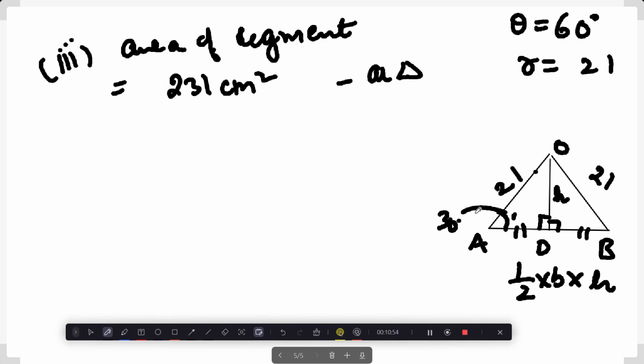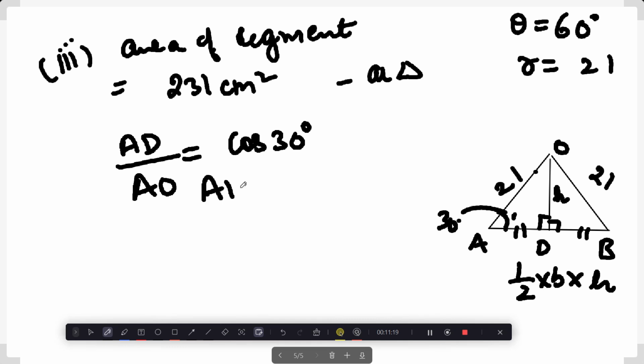So now we are going to use trigonometric ratios. This is how we're combining two chapters out here. Application of the previous chapter to this chapter, right? So what is the base? This is D. What is the AD by AO? It is cos of 30. So what is AD?